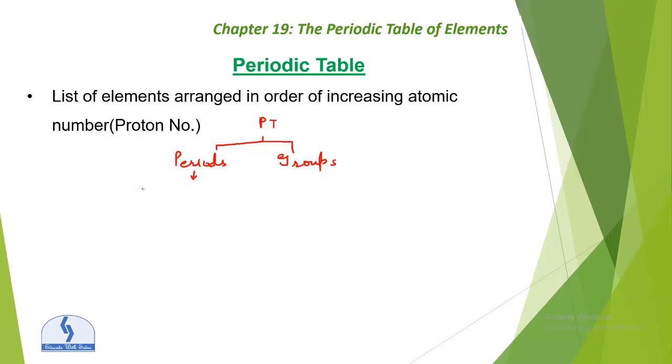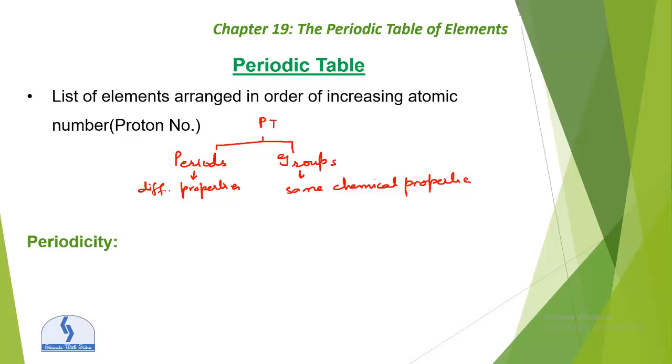Period is basically where the elements show different properties, and the groups have the same chemical properties. We will discuss the periods and groups in detail in the later slides.